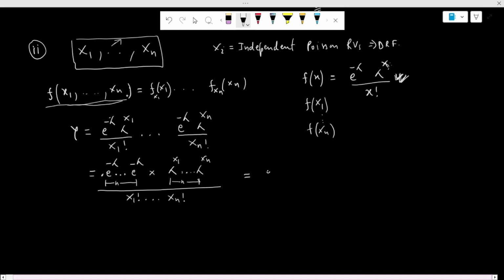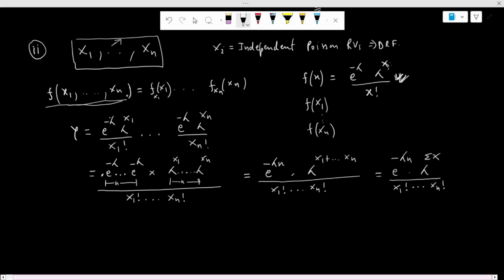So this is equal to e to the power minus lambda n into lambda, and if we apply the laws of index, then when the base is the same, in case of multiplication we add the index. So this is equal to lambda to the power summation of x. We are adding all the x.